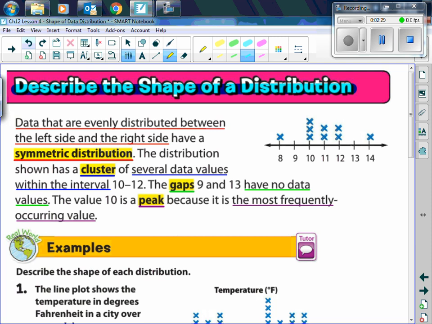There are gaps at 9 and 13. There are the gaps where there's no data values. And there is a peak at 10 because it is the most frequently occurring value. So there's where the peak is.